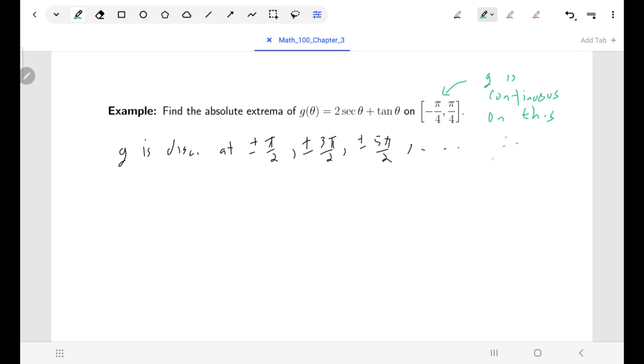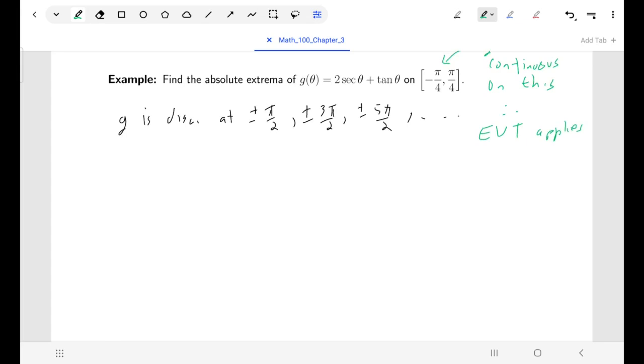So that means the extreme value theorem applies. And we're guaranteed that we're going to have ourselves a maximum and a minimum because we have a continuous function over a closed interval. So first job, I guess, is for us to find critical numbers.